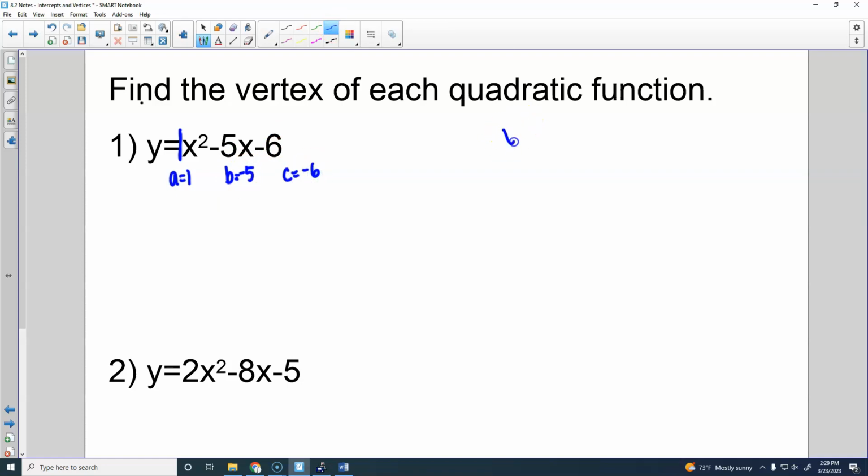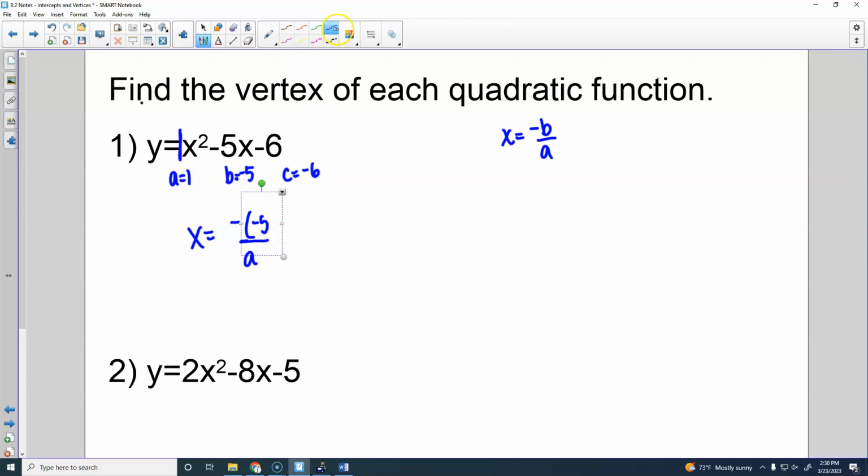So the formula for the x coordinate of the vertex is negative b over a. So if I've got x equals negative b over a, I'm replacing b, so I'm going to take out that b, and I'm replacing it with the number negative 5.